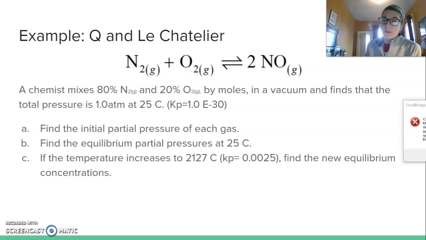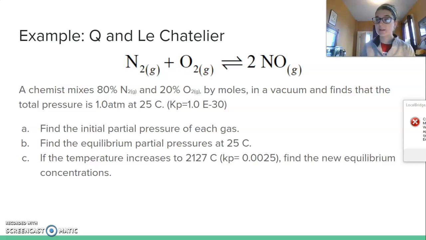Relating your Q, your reaction quotient, to Le Chatelier's principle: we have a chemist who mixes 80% N2 and 20% O2 by moles in a vacuum and finds that the total pressure is 1 atmosphere at 25 degrees Celsius. So this is before the reaction begins, at 1 atmosphere.